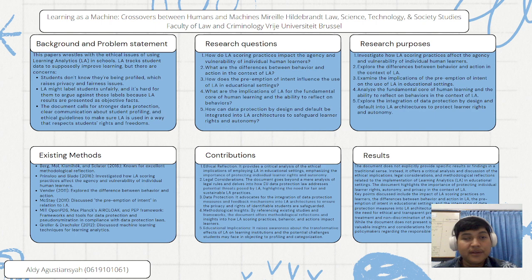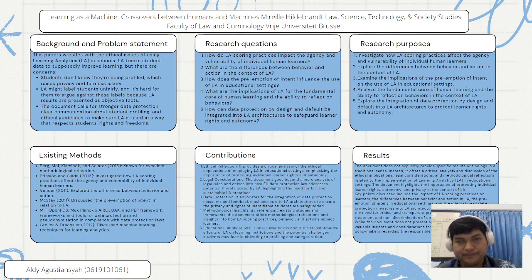LA might label students unfairly, and it's hard for them to argue against the label because LA results are presented as objective facts. The document calls for stronger data protection, clear communication about student profiling, and ethical guidelines to make sure LA is used in a way that respects students' rights and freedoms.